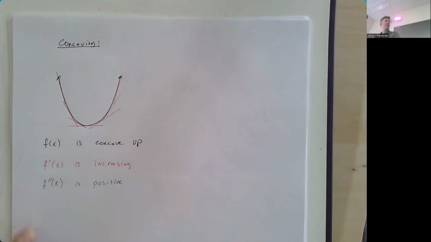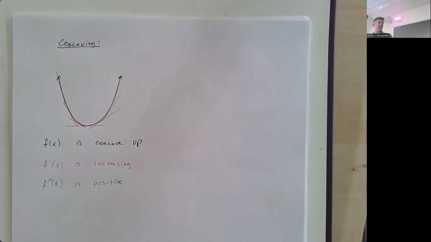So if the function, which I'm calling f prime, is increasing, its derivative, f prime prime, is positive. So that's how we find concavity. If the second derivative is positive, the function is concave up.